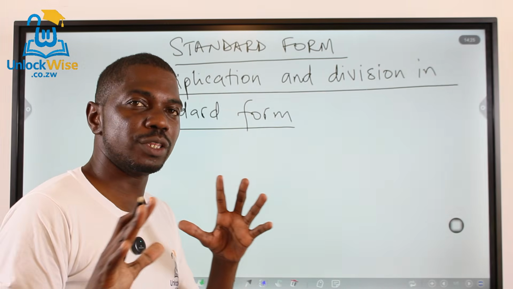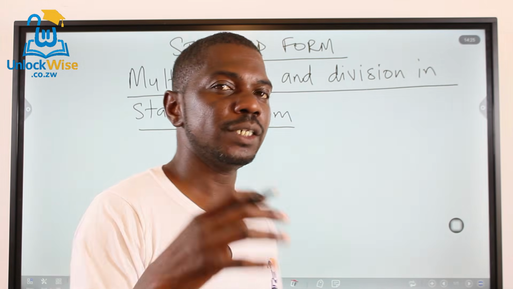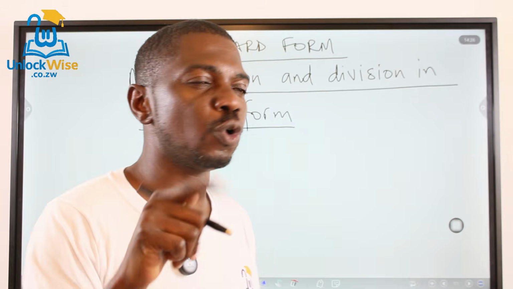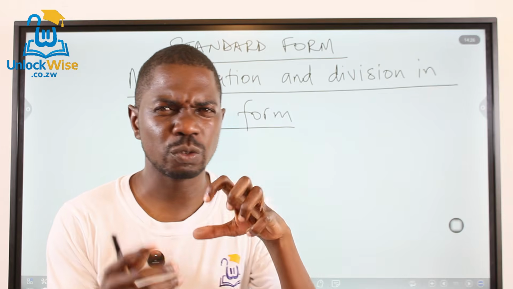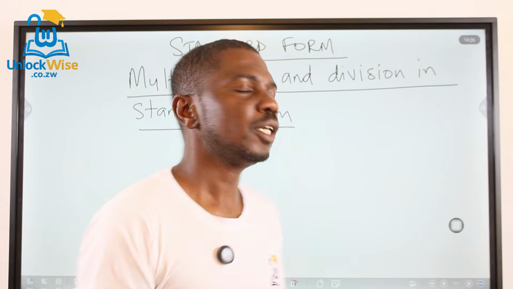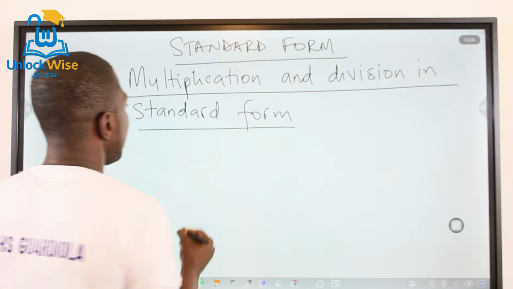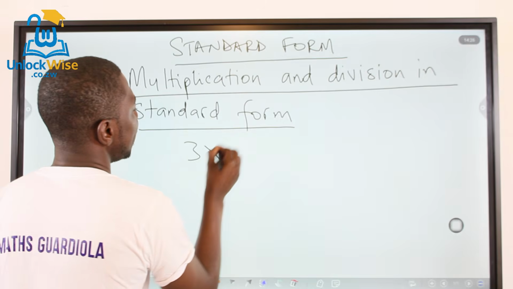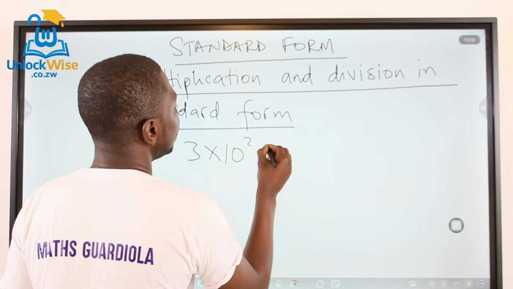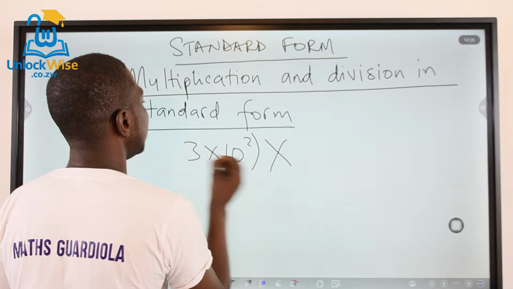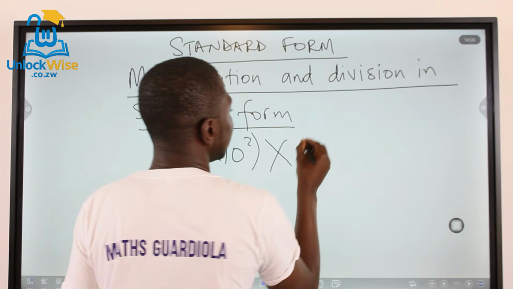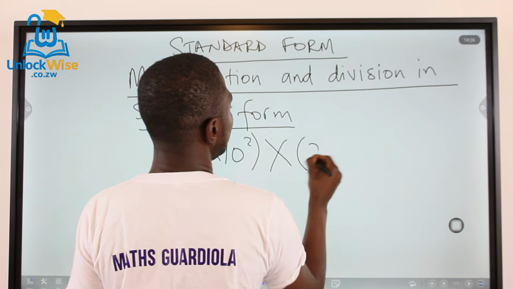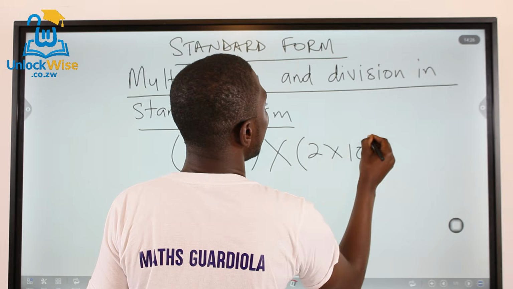So I will start with the basics and then I will explain what your examiners will play around with, right? So the basics is, let's say we have 3 times 10 to the power 2, let me put this in brackets, being multiplied by 2 times 10 to the power 3.